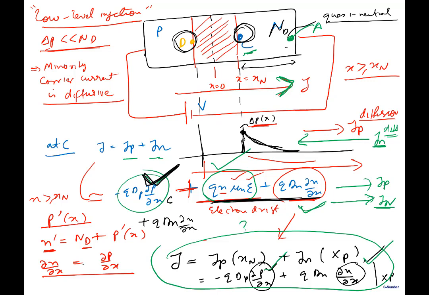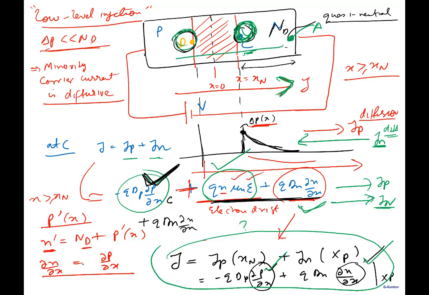So we are saying, yes, drift is the dominant component of current. But who determines the drift component? How much should the drift component be? Who decides the magnitude of the drift component? Think about it. At this point, the largest current component is electron drift. Who decides this electron drift current? Remember what is happening to electrons.